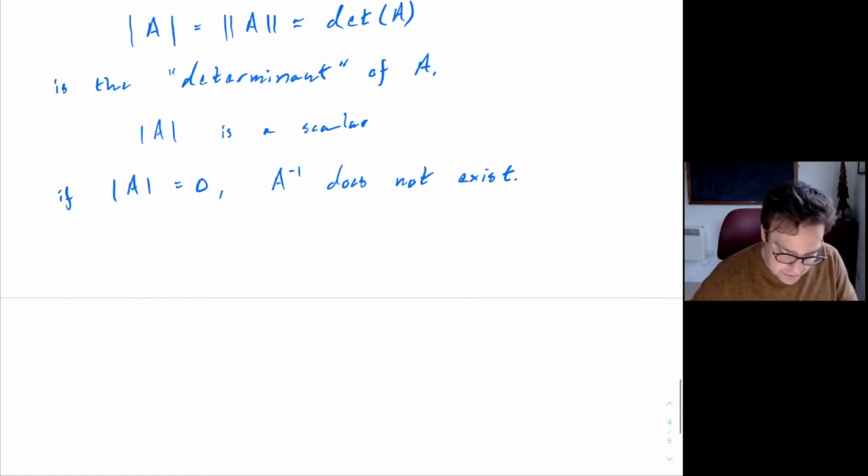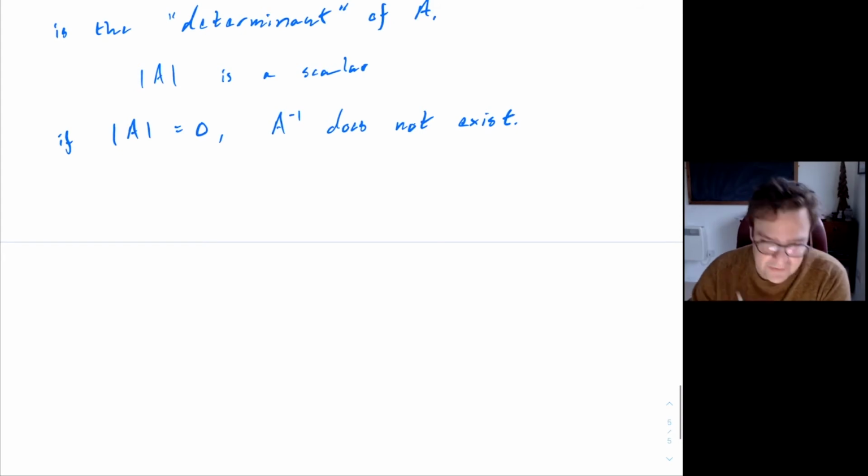So let's actually do a determinant. Now there's not a really simple way, I think, to express how one calculates a determinant. I think it can be done, but it's a little bit messy and heavy-handed. So instead, I'm just going to do 2 different examples, and hopefully it will become clear how it works. All right, so let's do some examples.